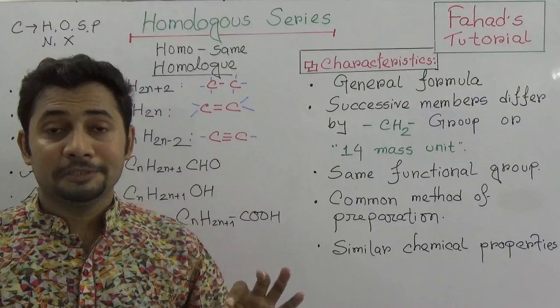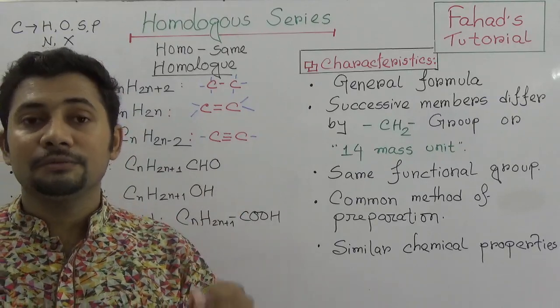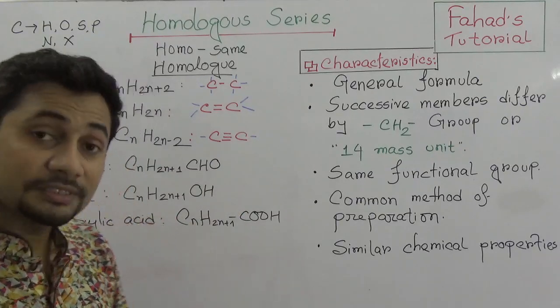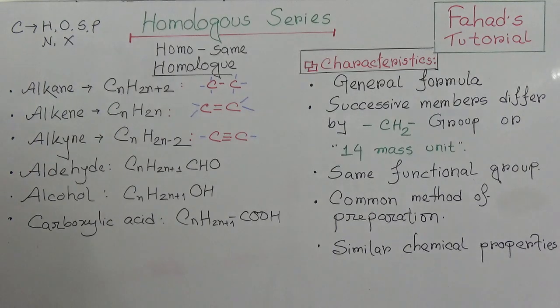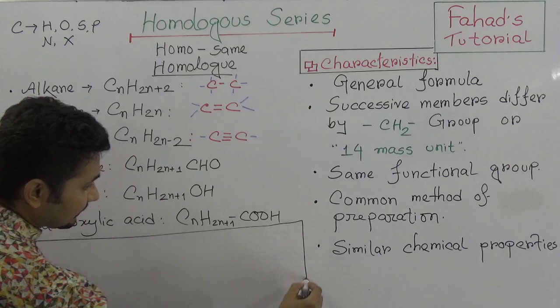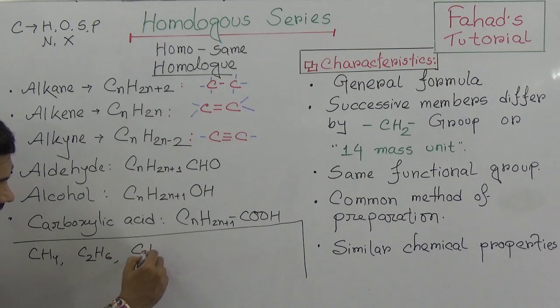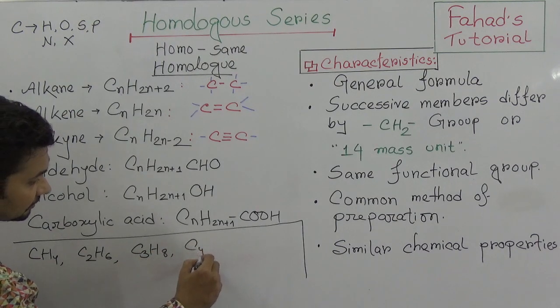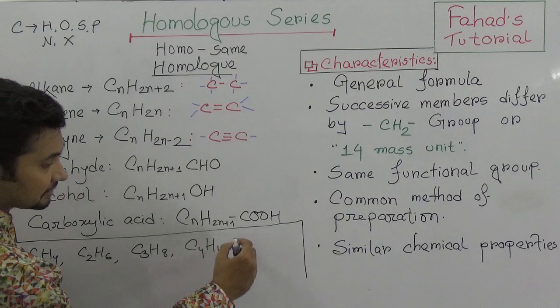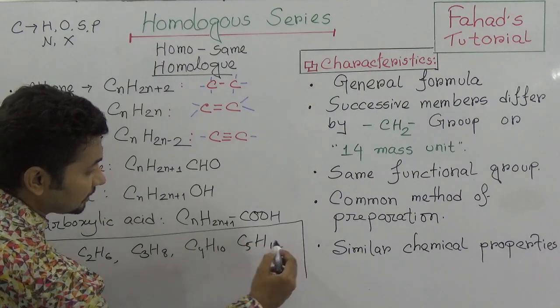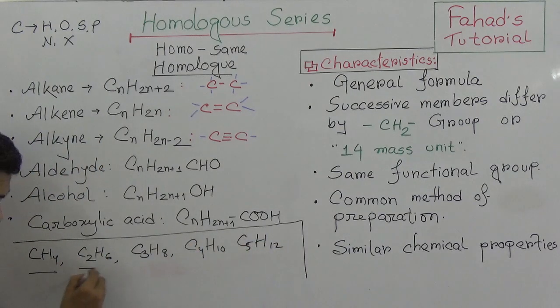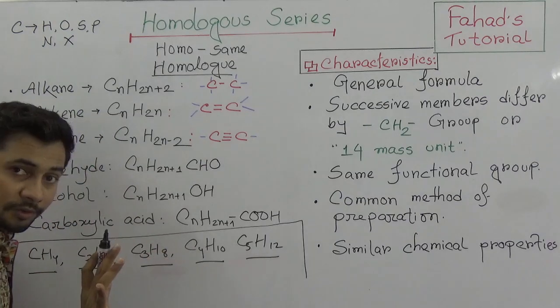So the main purpose of this tutorial is to remind you what is homologous series. So simply we know that, you see, the homologous series: CH4 methane, C2H6 ethane, C3H8 propane, C4H10 butane, C5H12 pentane.